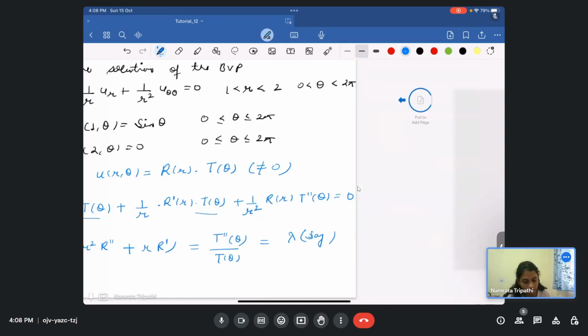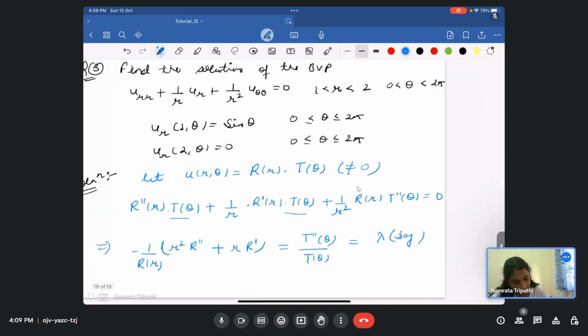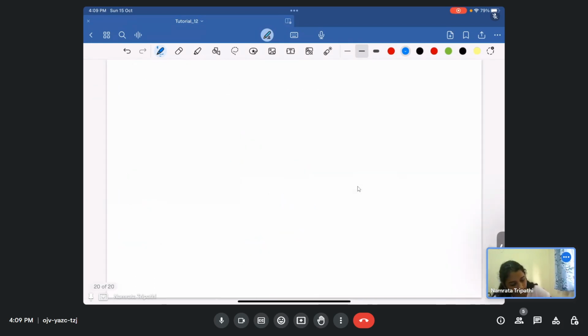So boundary condition 1, u(1, theta) equals sine theta, where theta is 0 to 2 pi.